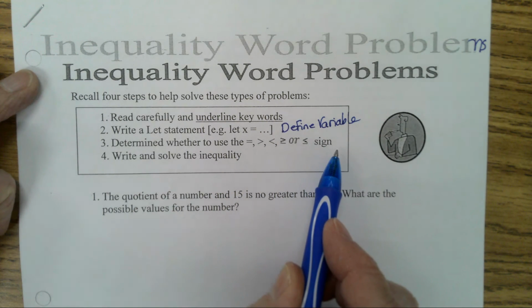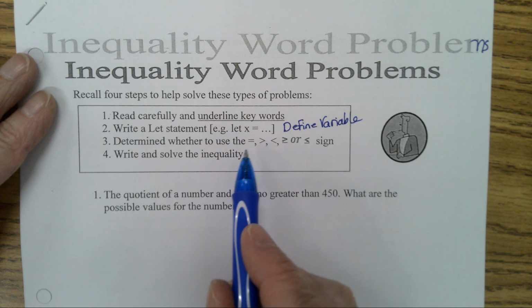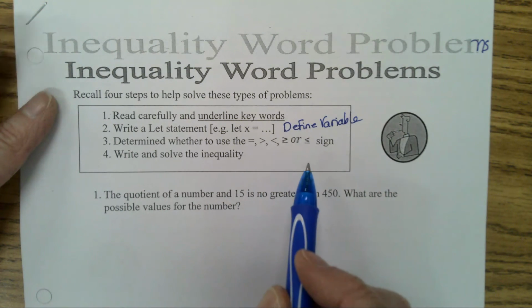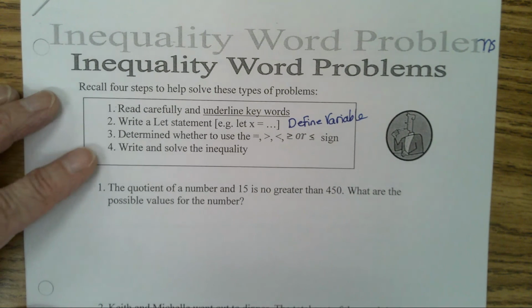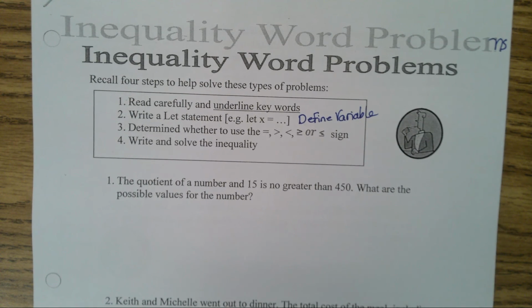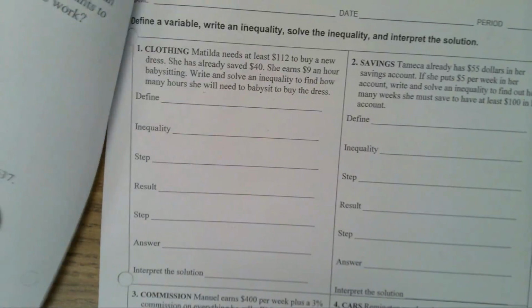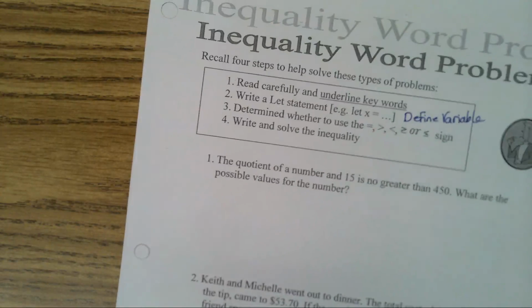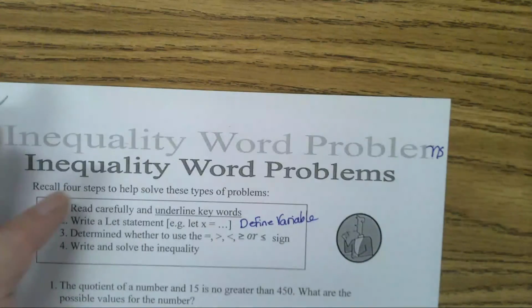If you don't know what to do at first, use the equal sign, and then at the end go back and put in your inequality sign. 4, write and solve the inequality. So that's what these problems are all about. There are 6 of them that go with this, and then there are another 8. So 6 plus 8, it's a total of 14 problems.